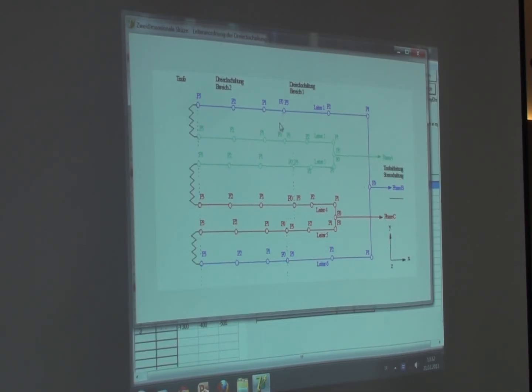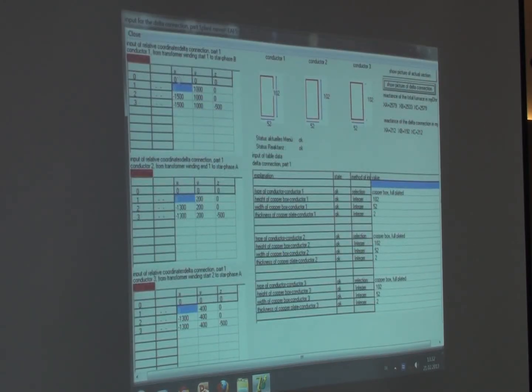And you see, in the first step, if you look at the middle phase, we go 200 millimeters to the epsilon axis, and in the second step we go into the negative direction of the x-axis, 1,300 millimeters to the back side, and then we go down.